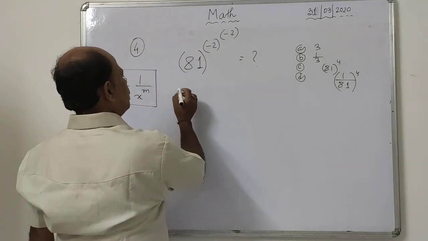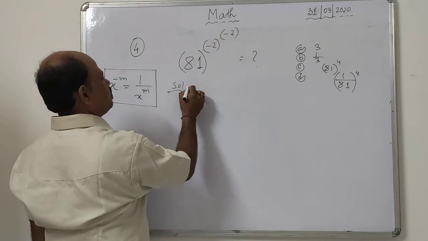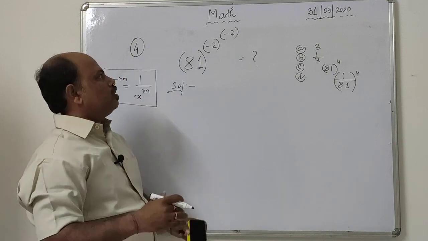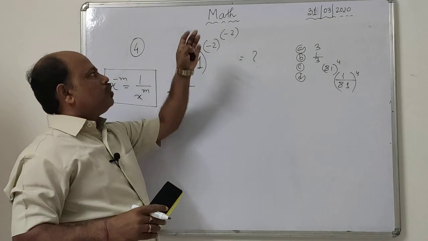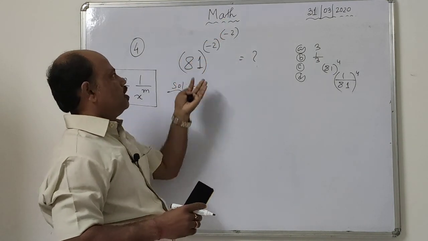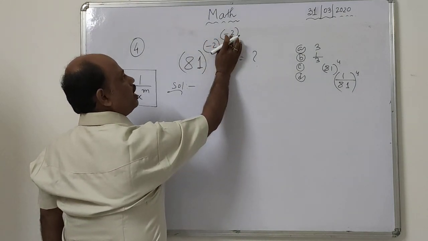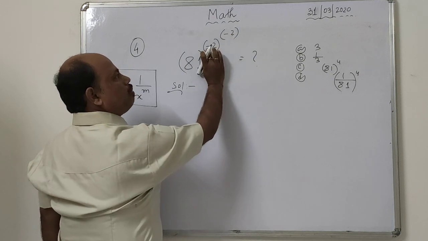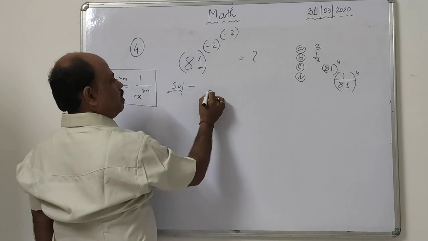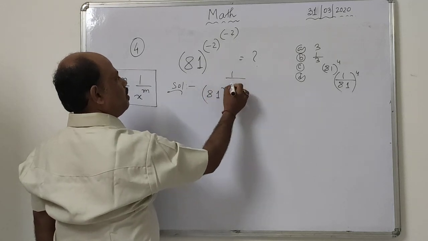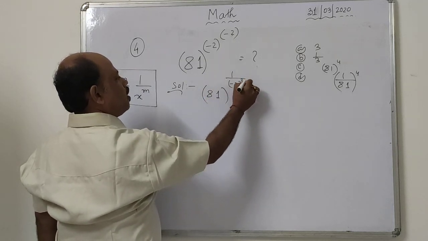Then the solution method. Look, at first this type of question you have to solve from top to bottom. Therefore at first you have to find this minus 2 as the power of minus 2. Therefore you have to write in the next line 81 to the power 1 by minus 2 to the power 2.